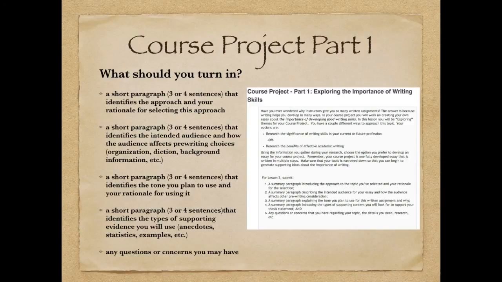Your intended audience could be a person who is trying to decide on a career. It could be a person who is going to be a supervisor in a particular career. It could be high school students. Try to be creative and think of an intended audience who's different than just your instructor.